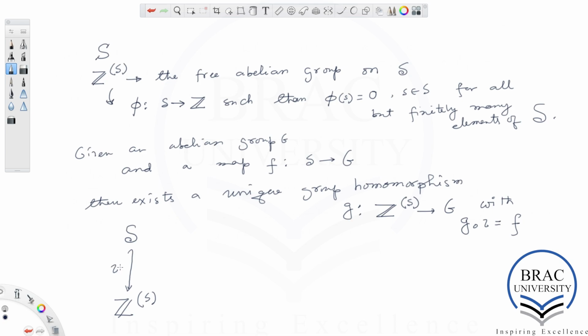Hook is the inclusion of S in Z to the S, which is the free abelian group on S. And there is this given mapping f from S to G. And there exists a unique group homomorphism g between these groups, Z to the S and G. So this is a commutative diagram, and g composed with i is going to be equal to f.